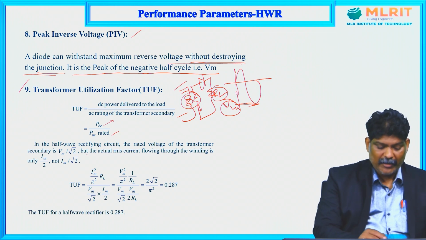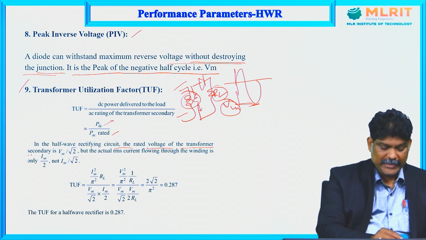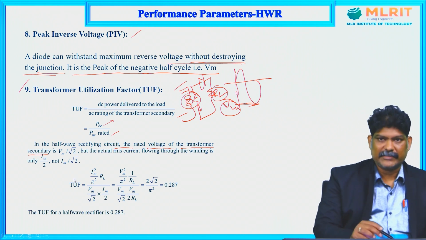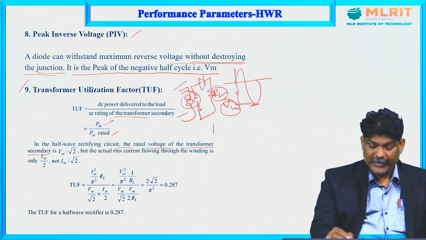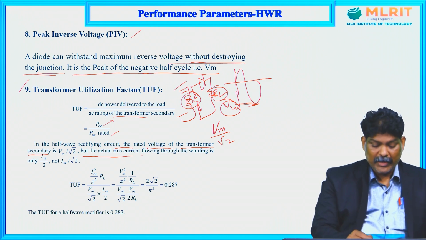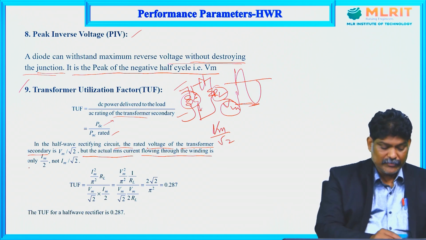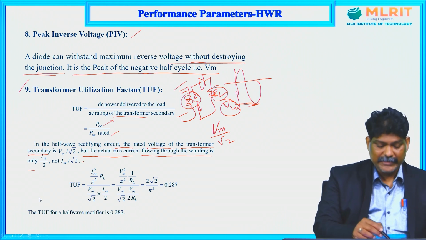In the half wave rectifier circuit, the rated voltage of the transformer secondary is Vm by root 2. This is fixed, because it is the AC signal. But the actual RMS current flowing through the winding is only Im by 2, not Im by root 2. So please consider this.